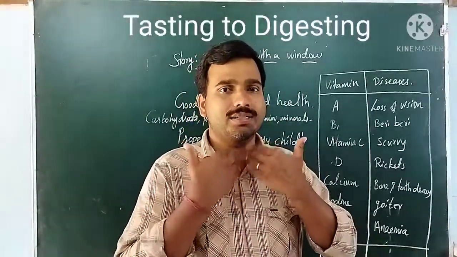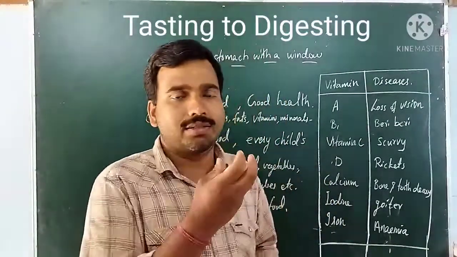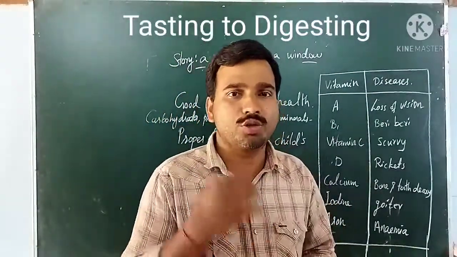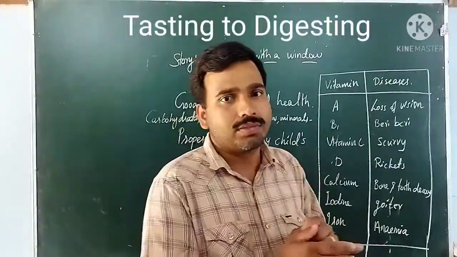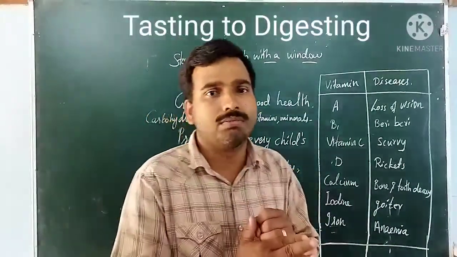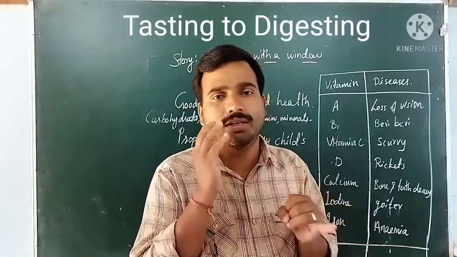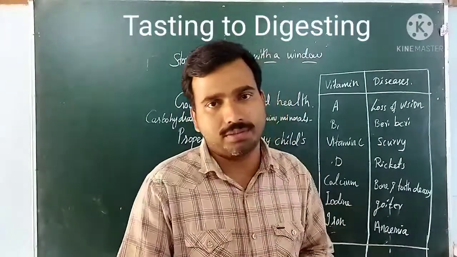The food pipe carries the food from the mouth to the stomach. So the first part of the digestive system is the mouth, then the food pipe, and the third part is the stomach.